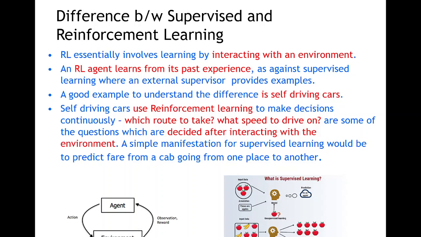The environment where this car is moving could be a road, it could be a crowded place, and based on the environment, when it takes some action, it checks itself on whether it is going in the right direction, and that is provided to it by some value function. In this way, the self-driving car decides what the next step it should follow is.